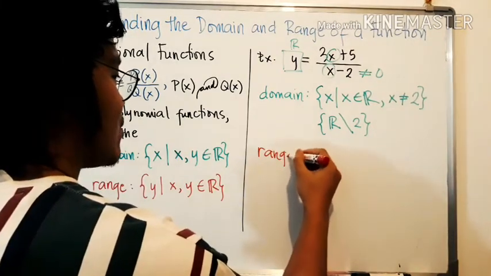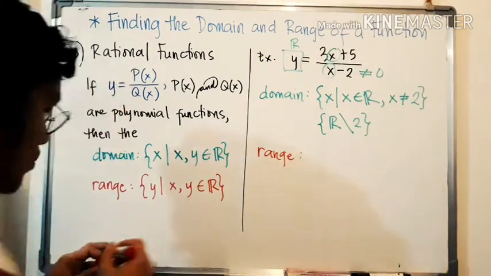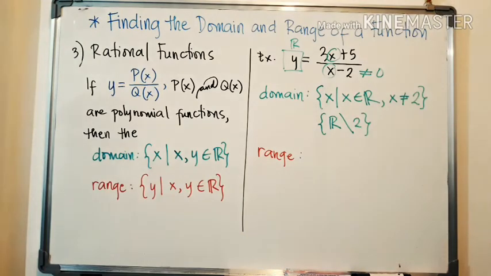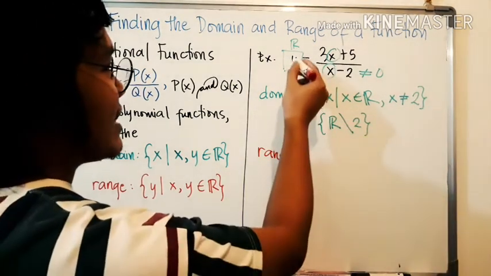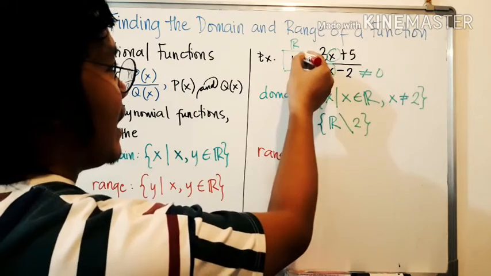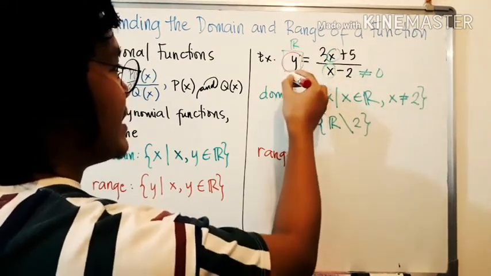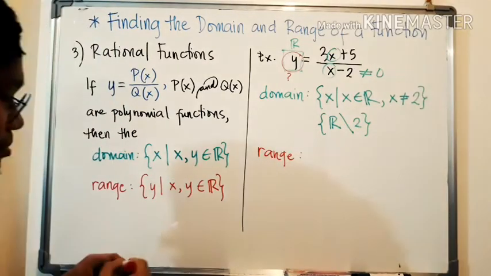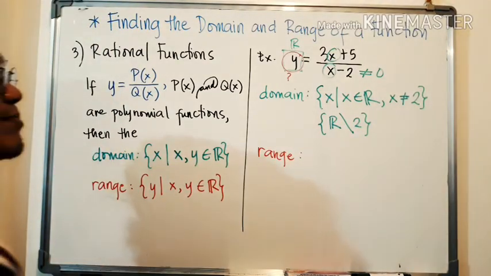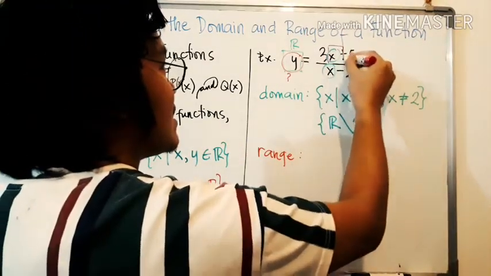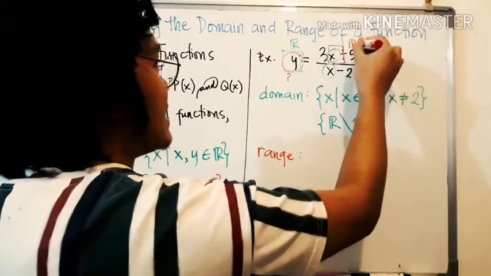So, the range, the y value, set of y values that would make the function defined and real. Okay, so ngayon, ano kaya ang mga values ng y? Ano mga values ng y wherein x are defined?